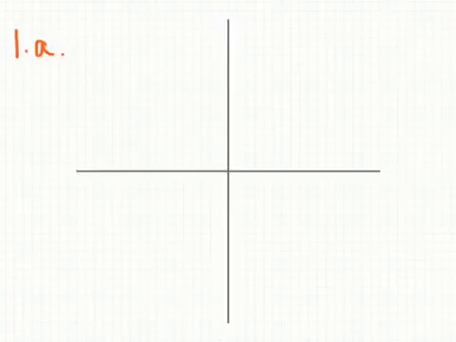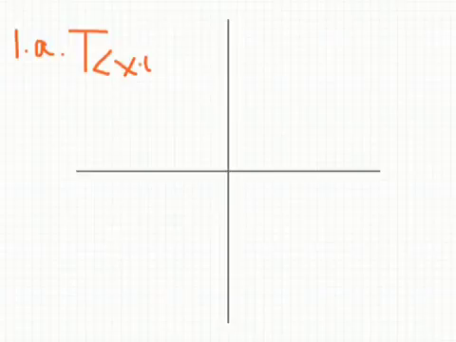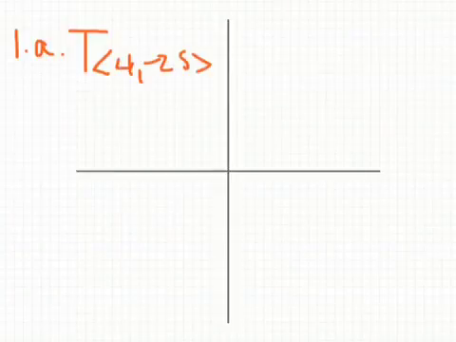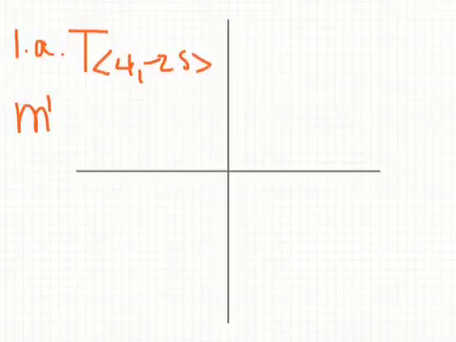Let's jump in. On number one, I want you to list the coordinates of the vertices of each image. For number 1A, that's saying right 4, down 2.5. Another way I could have written it is like this, (x, y) goes to (x + 4, y - 2.5), with the T. I'm not going to graph it, but if you go right 4, down 2.5, you should be at 2, negative a half.